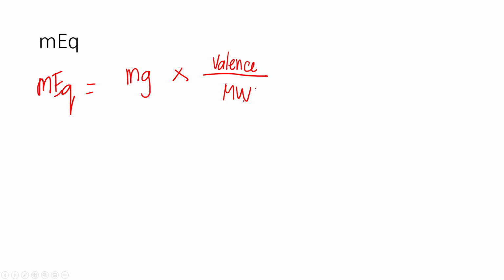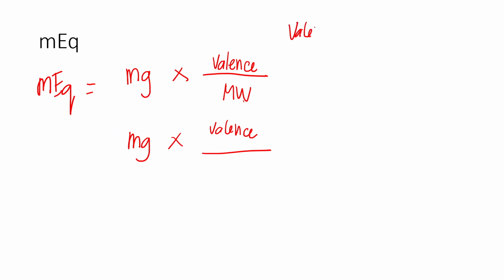You can actually express it as no unit. So basically, it's milligrams times valence, and there's no unit on the bottom. So milliequivalents is milligrams times valence over our molecular weight.